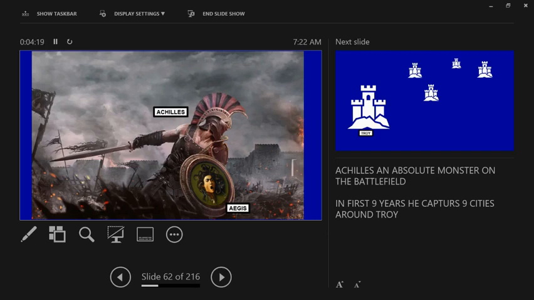He's the kind of guy that's on a chariot with his armor that is made by the gods and his weapons that are made by the gods. And his chariot is plowing through the Trojans and he's killing people left and right. He has like a spear or a javelin, and he's spearing 4 and 5 guys at a time on his javelin. He's that kind of a soldier. He's that kind of a badass.